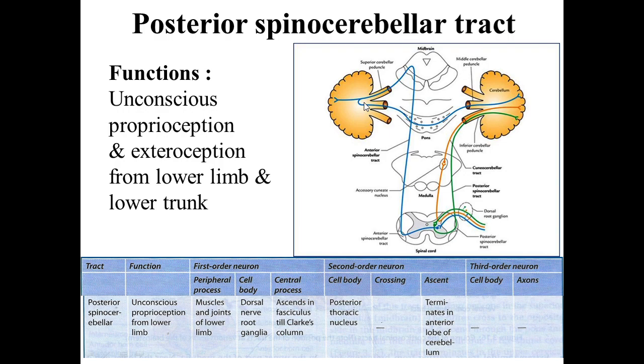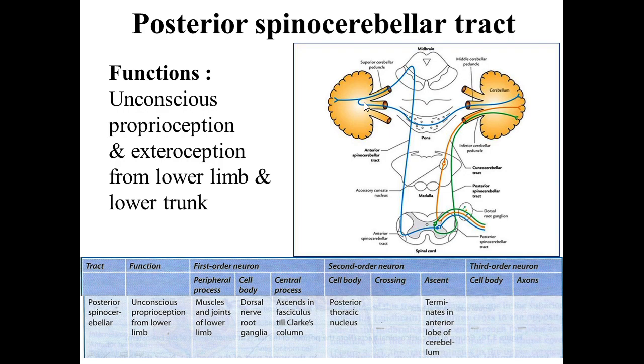But the posterior spinocerebellar tract is concerned with the fine coordination of the individual lower limb muscle, while the anterior spinocerebellar tract is concerned with the general status of the posture and movement of the lower limb.